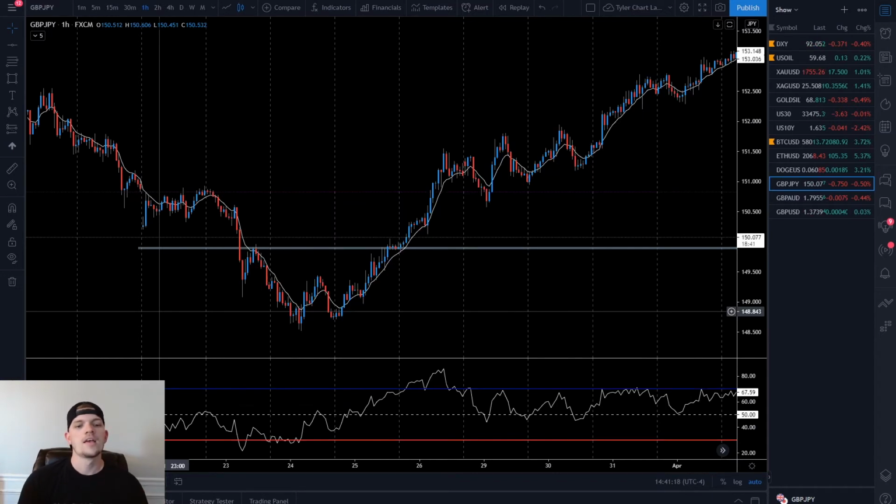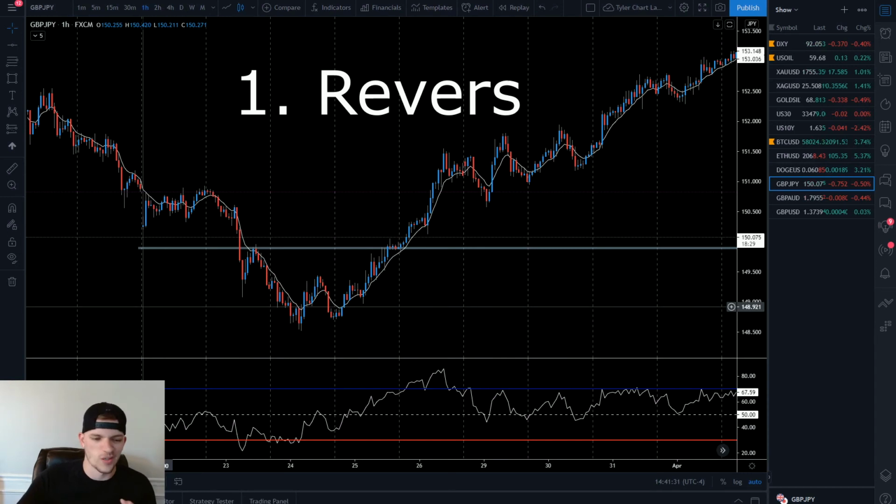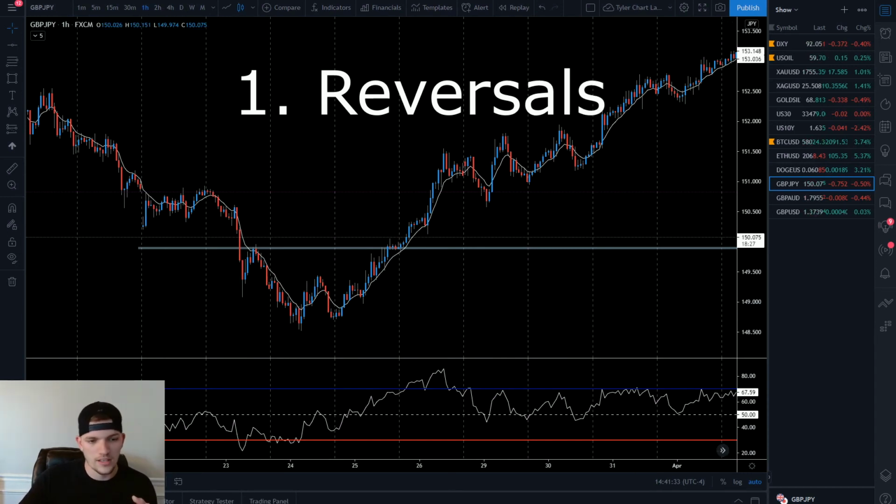There we go. With RSI, there are many different ways you can use it, but I'm just going to brush through a couple that I know of. You can try to catch reversals. If it's oversold and you think price action could start trading up again, you could try to find a reversal strategy. You can use it for divergences.